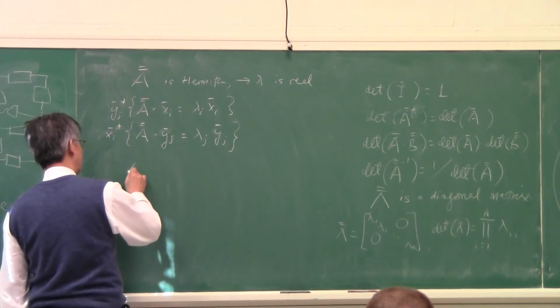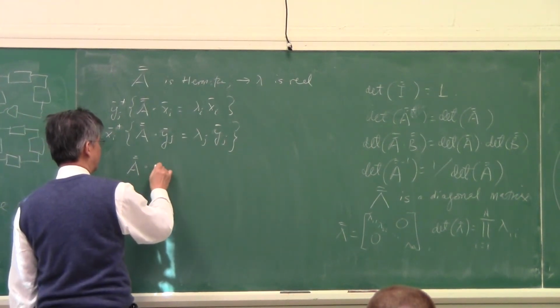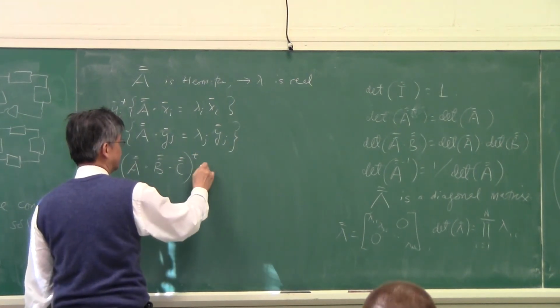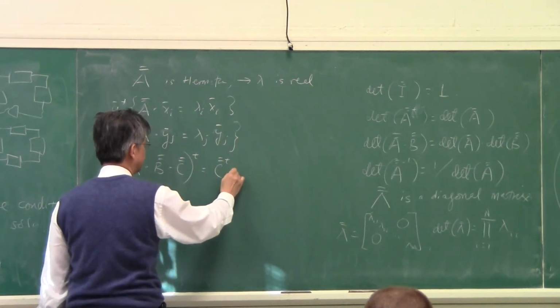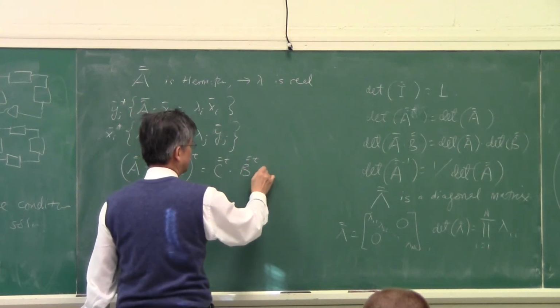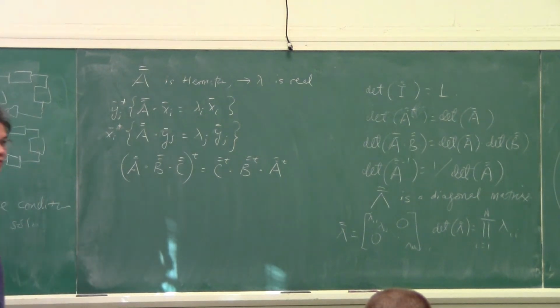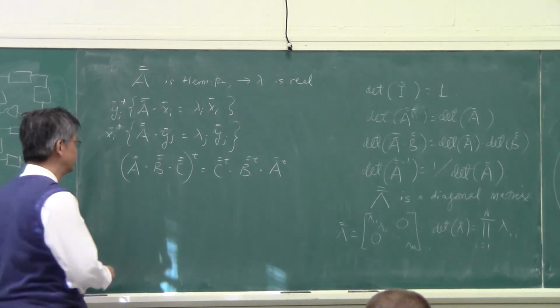Okay, if you have A dot B dot C, if you need to take this transpose, it's just equal to C transpose dot B transpose dot A transpose. You can convince yourself of this very easily. Okay, you just go through some of the properties of matrices. This can be actually proven quite easily also.